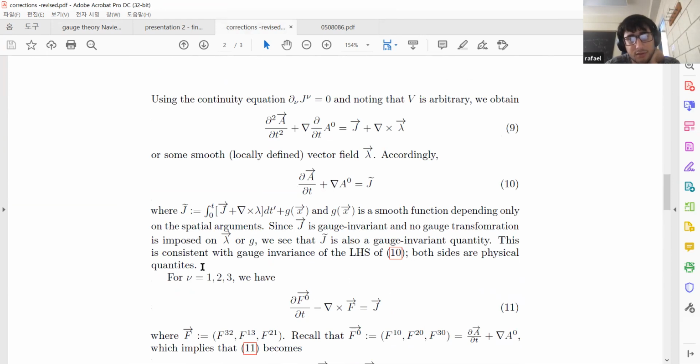I see. Where is equation 10 supposed to be the Euler equation actually? Or is that correct? Yes. And if I want to think of no forces, I can just set the J tilde equal to 0. Is that right? Yes.